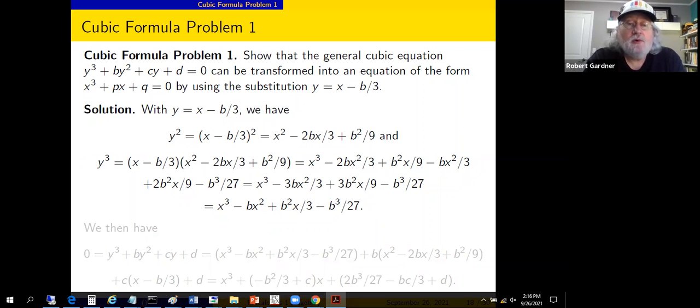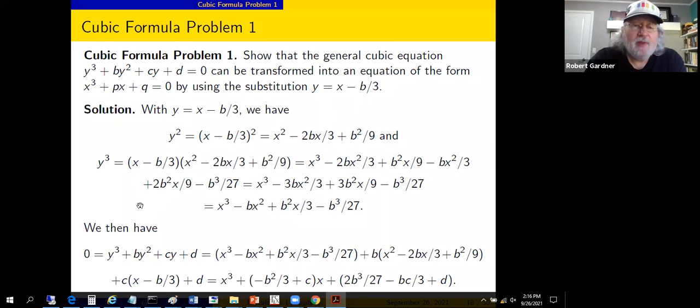All right, so we now have y squared and y cubed, each in terms of x. So what we're going to do is plug into this formula, like they told us to do, this value of y. Then in the formula, 0 equals y cubed plus b y squared plus c y plus d becomes 0 equals y cubed, which is this quantity. We found it right here.